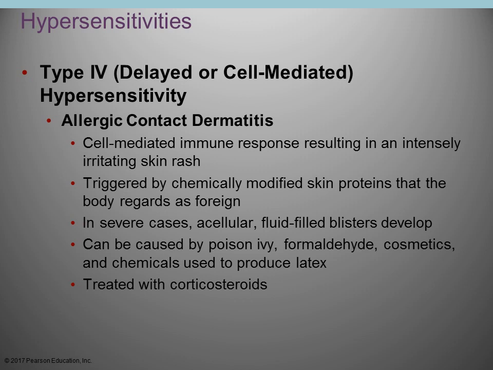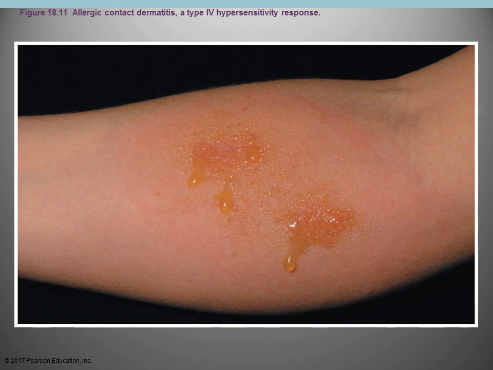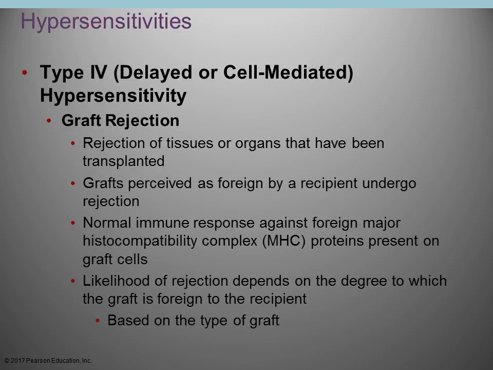Some examples of this, certain cosmetics, if you're allergic to, you may have noticed this. Some people who are allergic to latex have this type of reaction. Poison ivy is a classic example. And usually you can treat this with corticosteroids. This is an example of what contact dermatitis looks like, which once again is a type 4 hypersensitivity reaction.